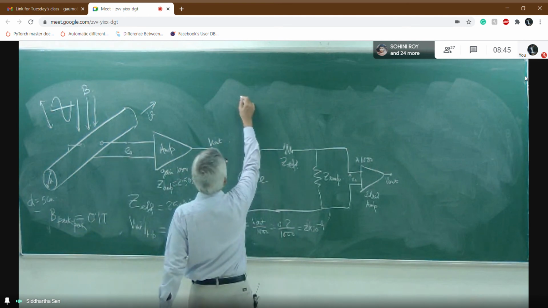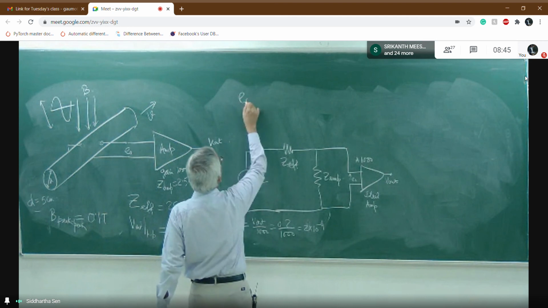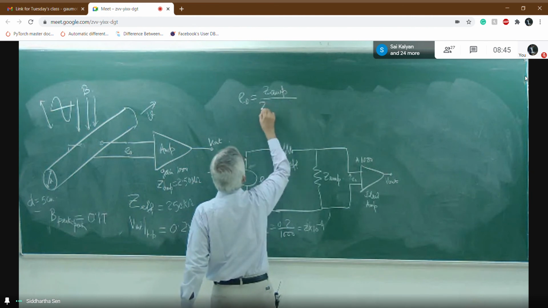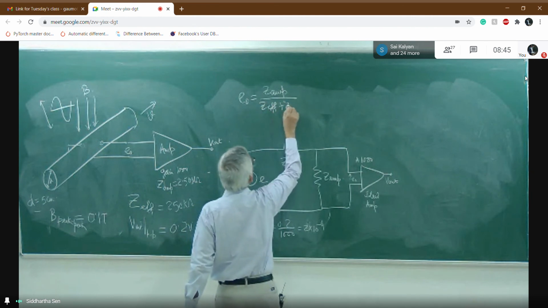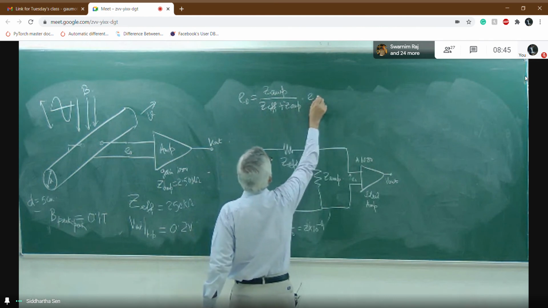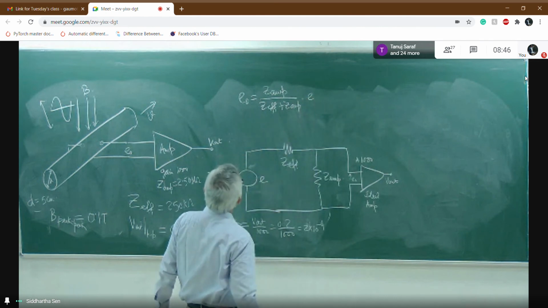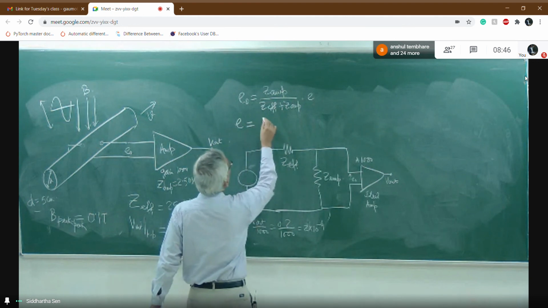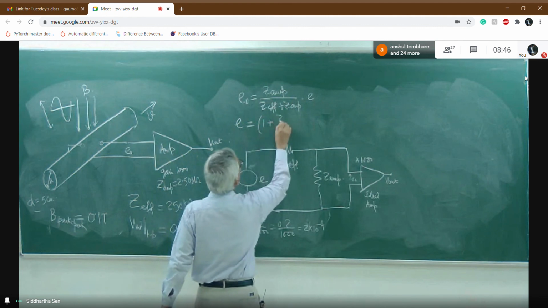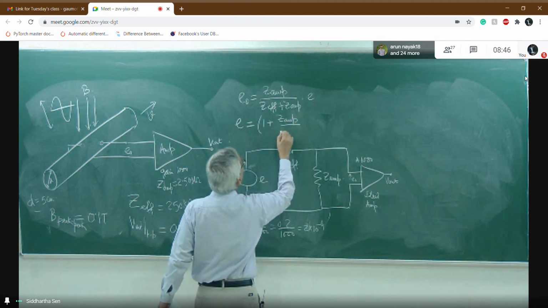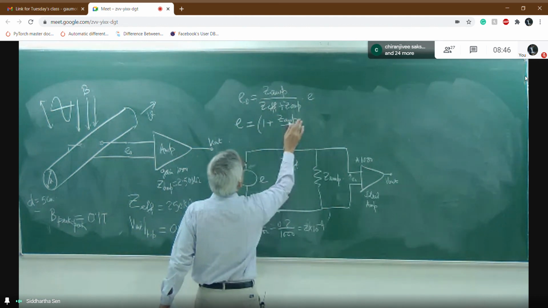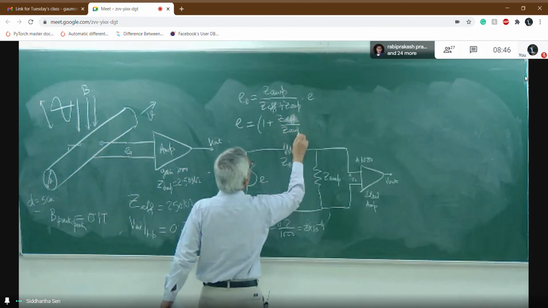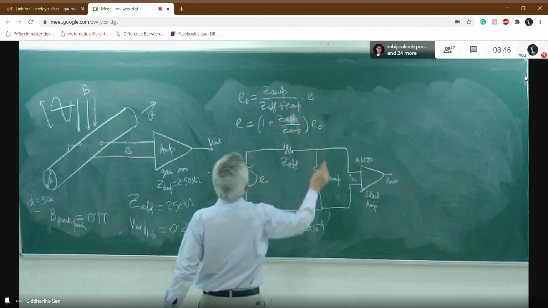And then what is the value of E? We can say that E0 is equal to Z amplifier divided by Z effluent plus Z amplifier, into E. So what we can say is that E is equal to 1 plus Z effluent by Z amp, into E0.